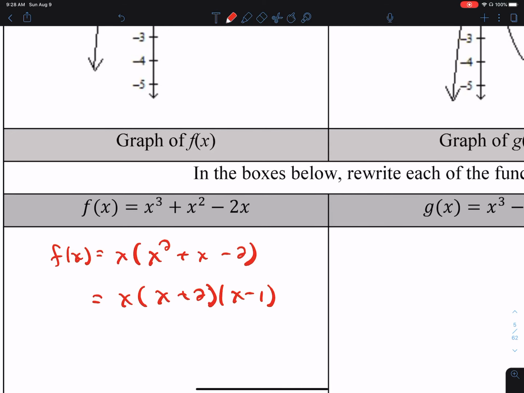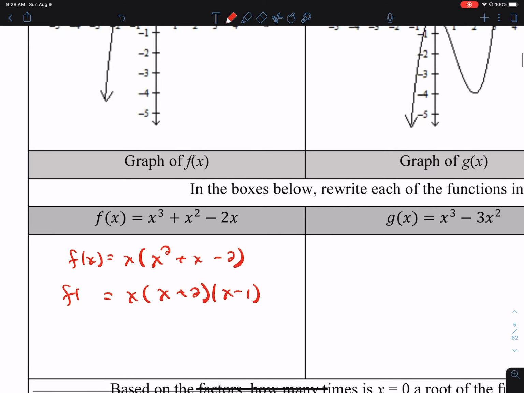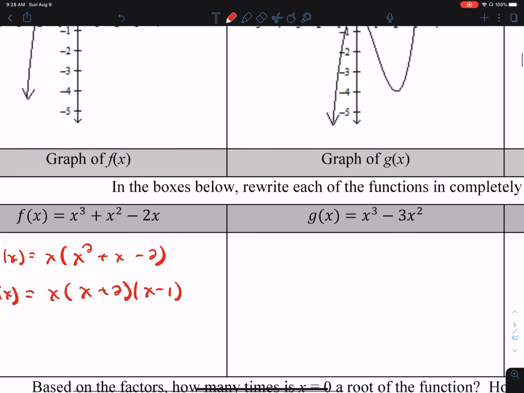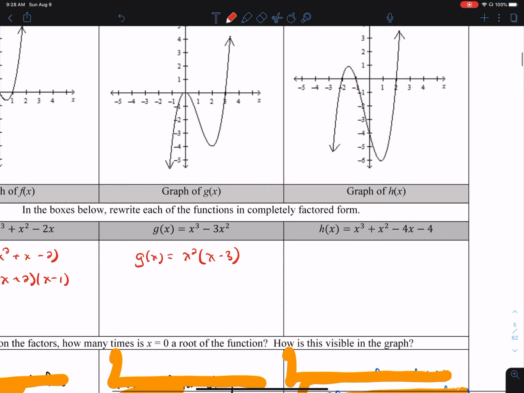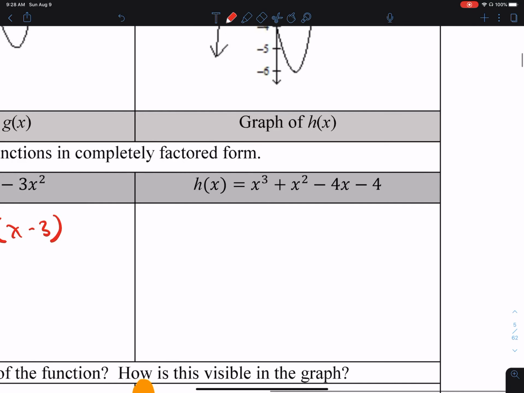The directions were to simply factor it completely. We have factored f completely. G has a GCF of x squared, leaving us with the binomial of x minus 3. That is completely factored. H does not have a GCF. We can factor by grouping if we group the first two terms together and the last two together. GCF of the first group is x squared, leaving us with x plus 1.